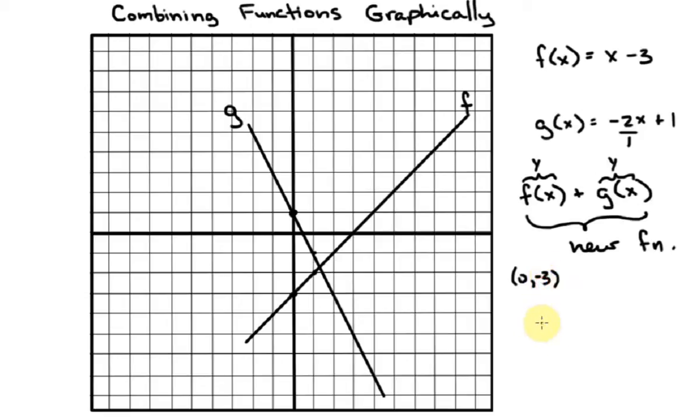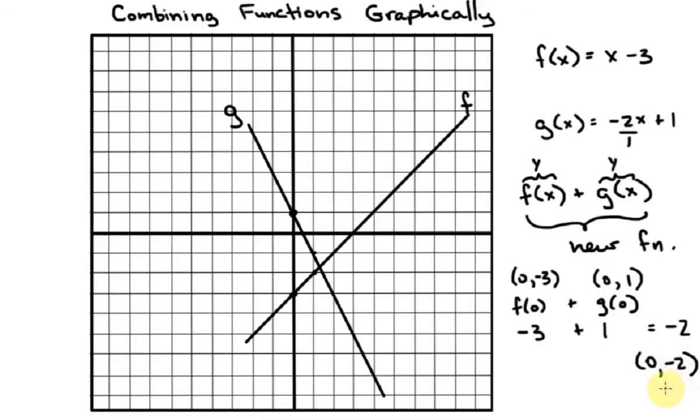It'd be like saying, if I'm going to add together f of 0 plus g of 0, that's just -3 plus, and I got to work out g of 0. So g of 0 is here at +1. I'm just going to add these numbers together, and I get a value of -2. So our new function, when we plug in 0, we get -2 as a y value.